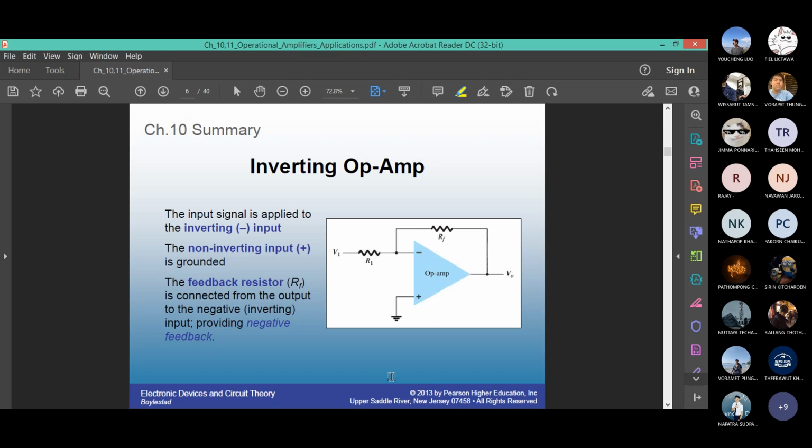It doesn't matter what type of op amp you use. For all op amps, there are two basic assumptions. What are these assumptions?